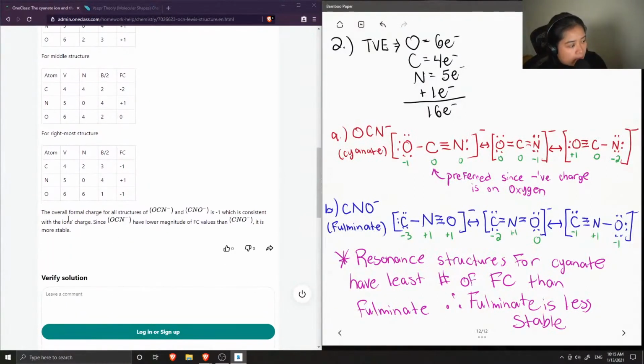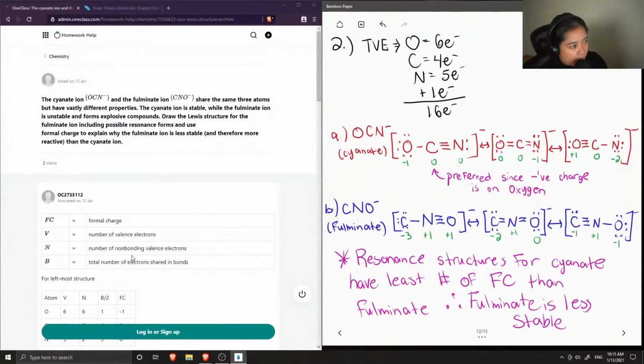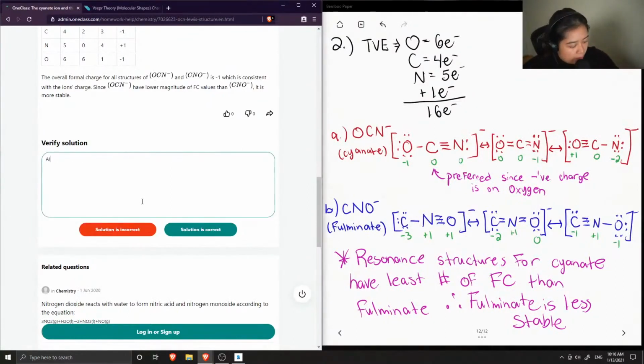The overall formal charge for all the structures is -1, which is consistent with the ion's charge. Since the cyanate has a lower magnitude of formal charge values than the fulminate, it is more stable. So all of the formal charges are correct. And the explanation is correct as well.